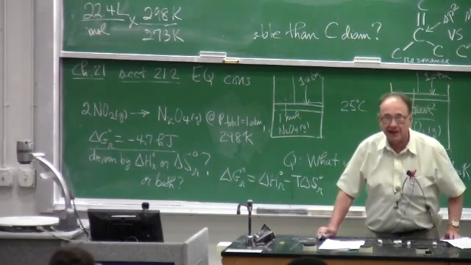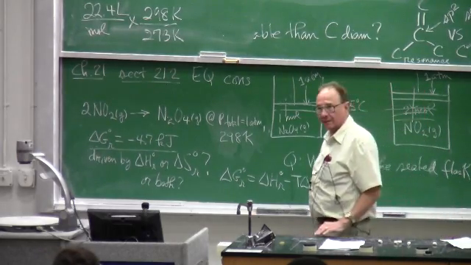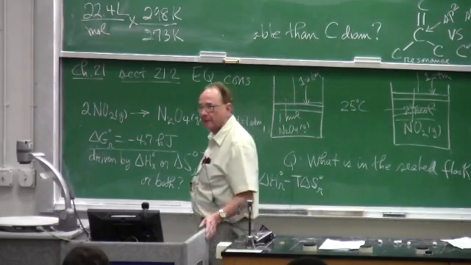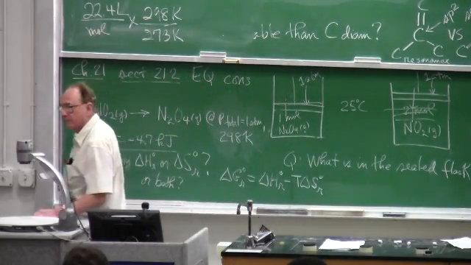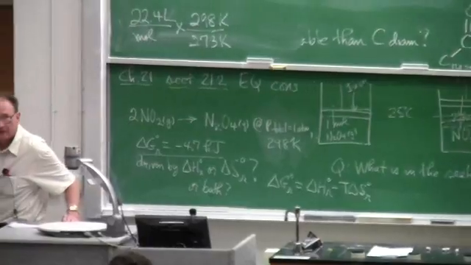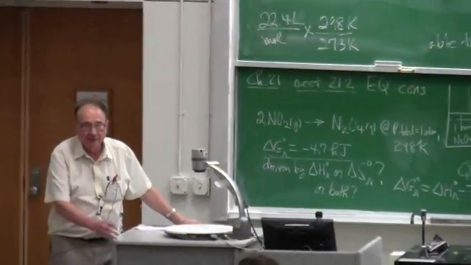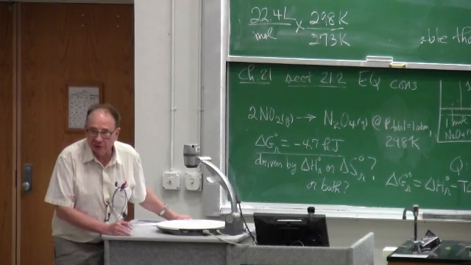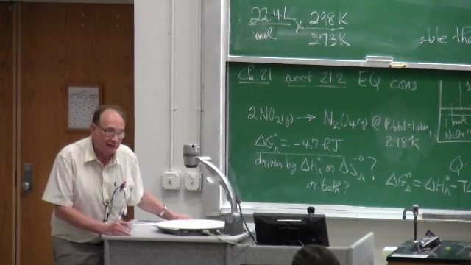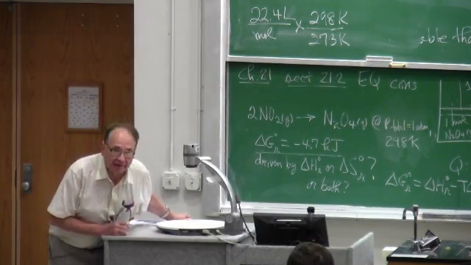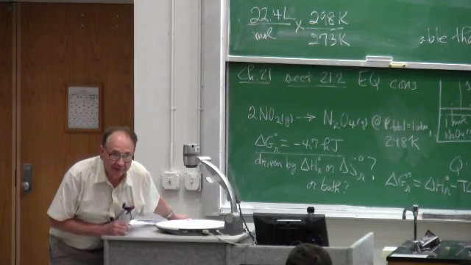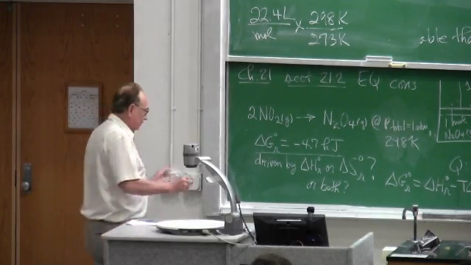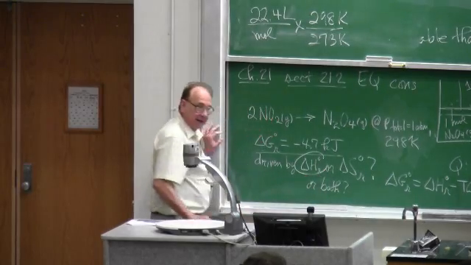The only thing that's happening from a bond standpoint when this reaction runs is bond formation, isn't it? What does that tell you? This reaction is associated exclusively with bond formation. Does that or does that not guarantee that it's exo? Guarantees exo, you betcha.